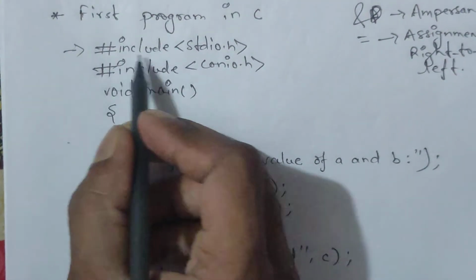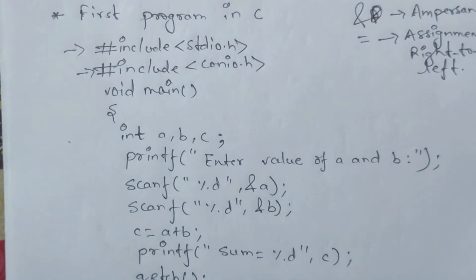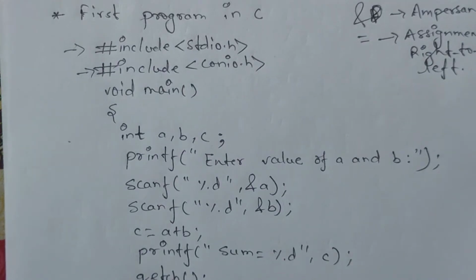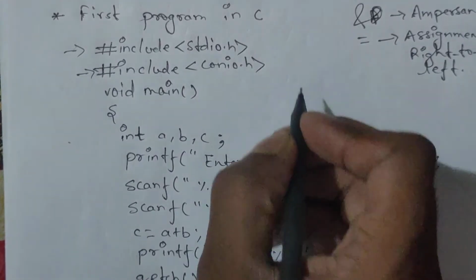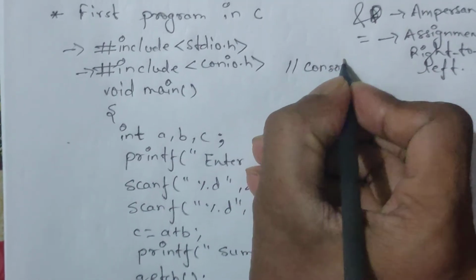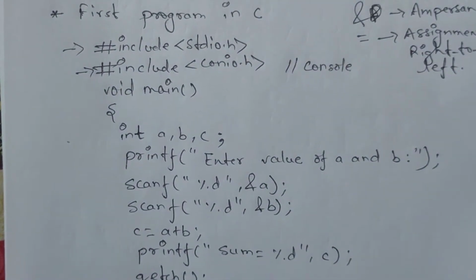First of all we used stdio.h, and secondly we are using the console header, that is #include conio.h. Now what is the meaning of conio.h? It means console, and console directly gives the meaning of output screen.